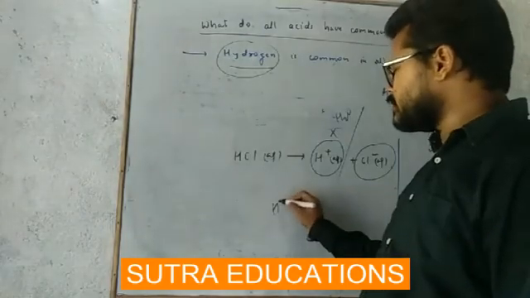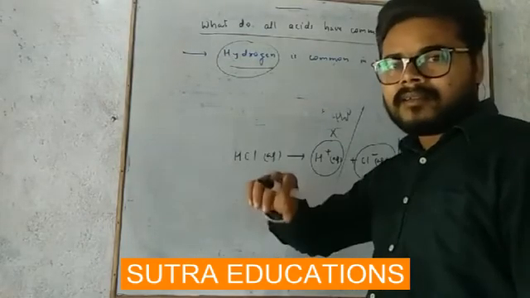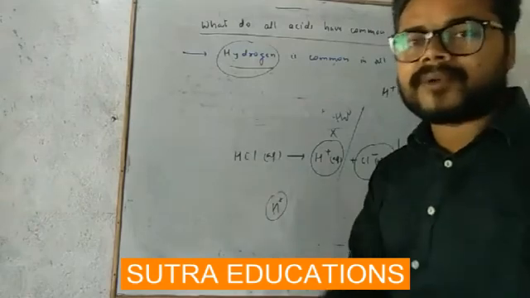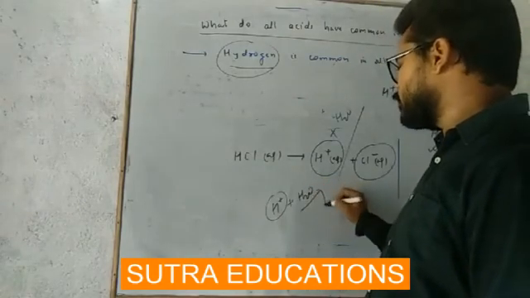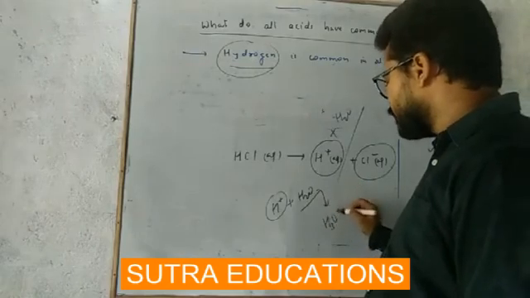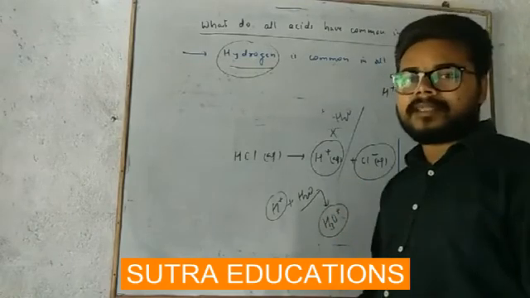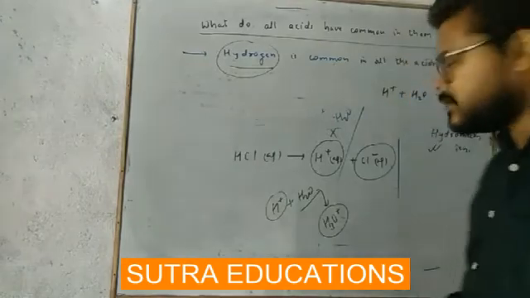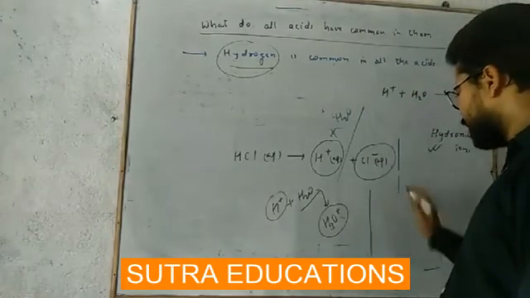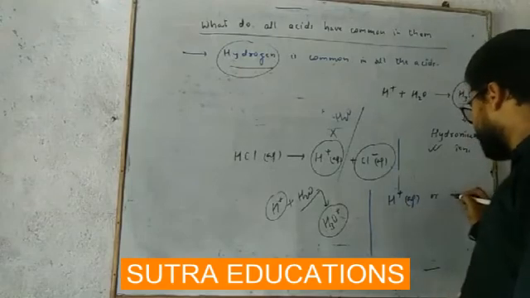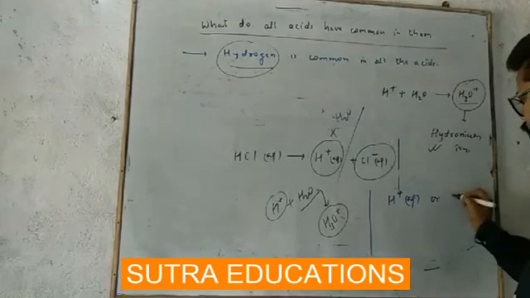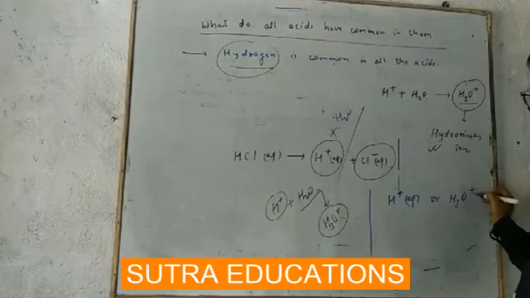So H plus in water, as soon as H plus is produced, it readily combines with an H2O molecule to form H3O plus, which is known as hydronium ion. So we can say H plus aqueous, or we can say H3O plus.